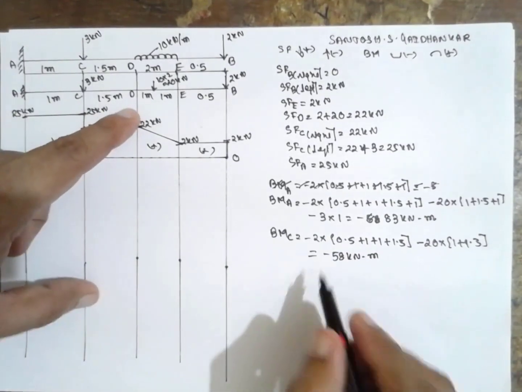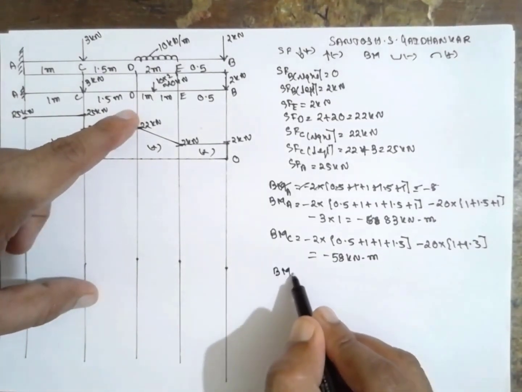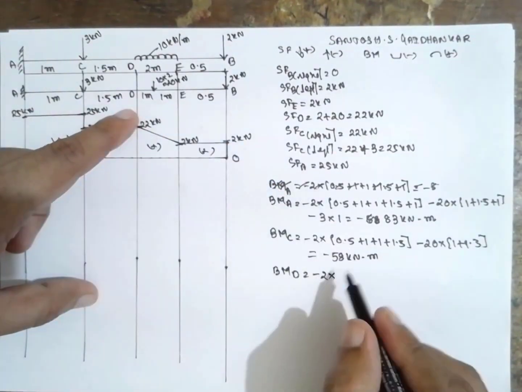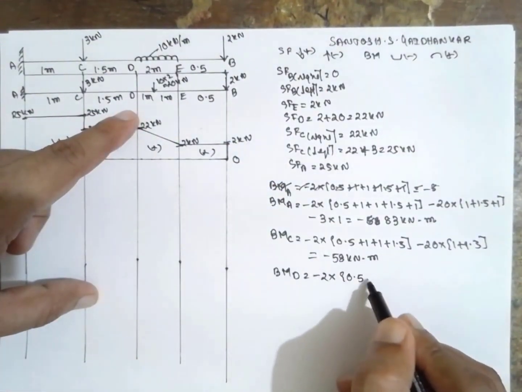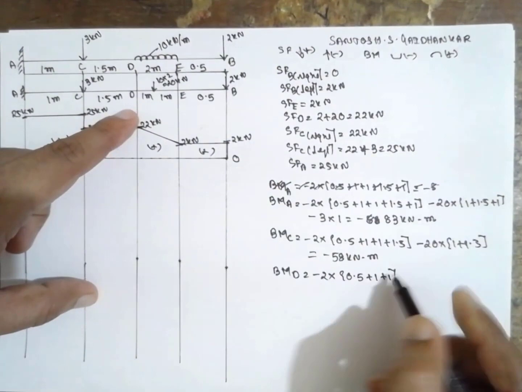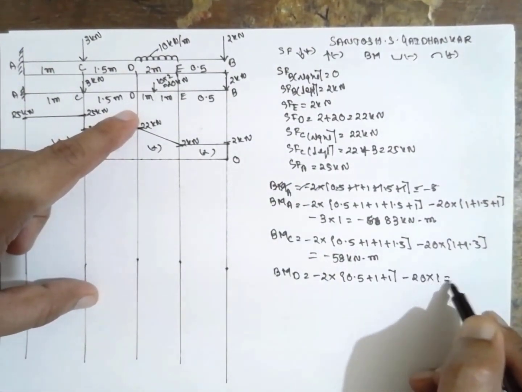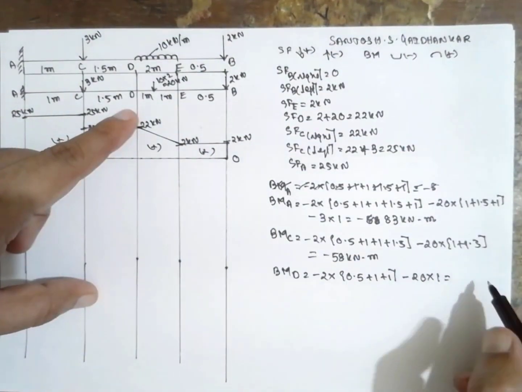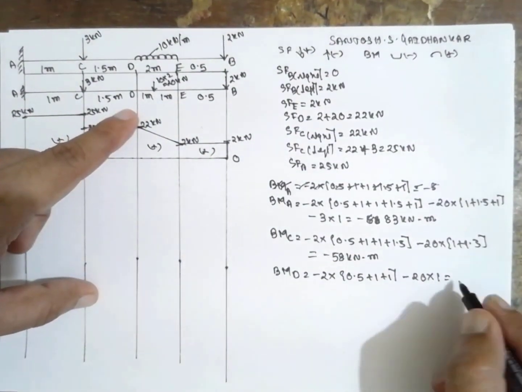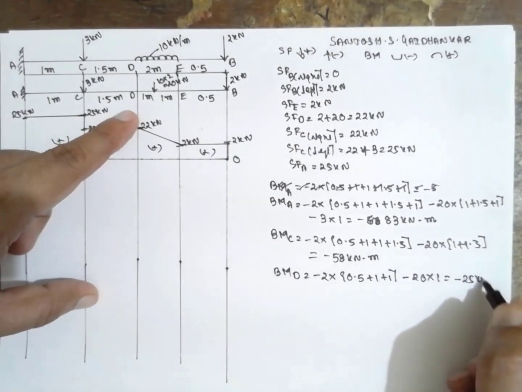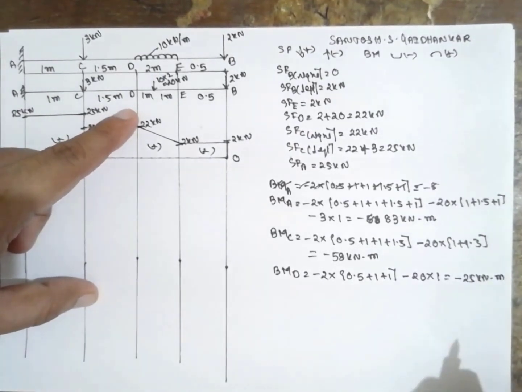Similarly at D, bending moment at D, minus 2 into distance, 0.5 plus 1 plus 1, minus 20 into 1. That gives minus 25 kilonewton meter.